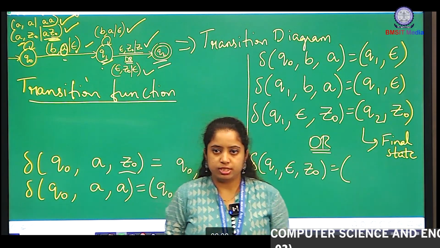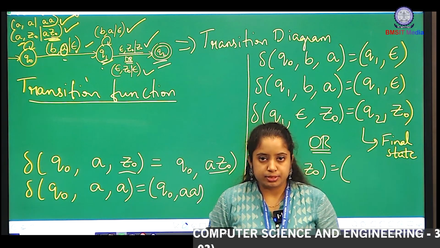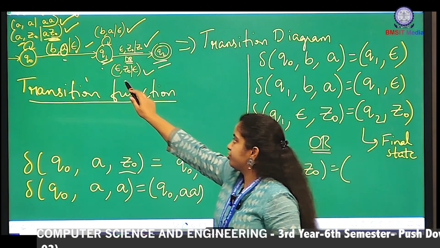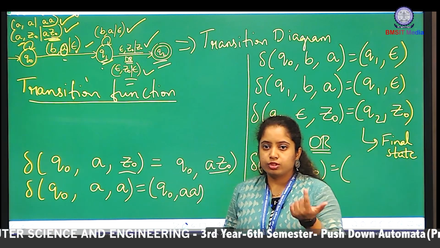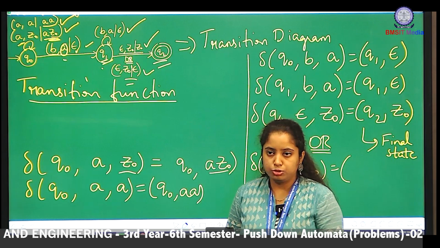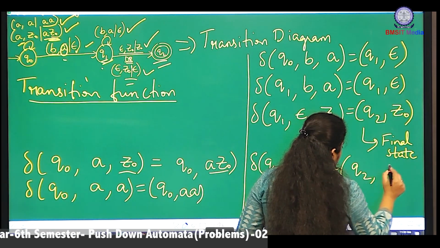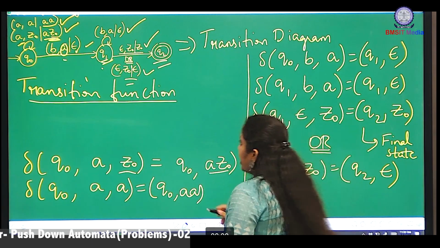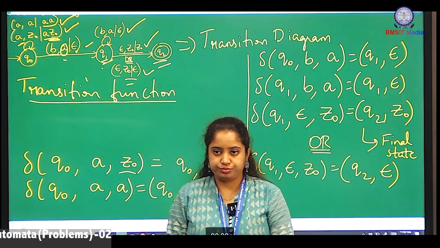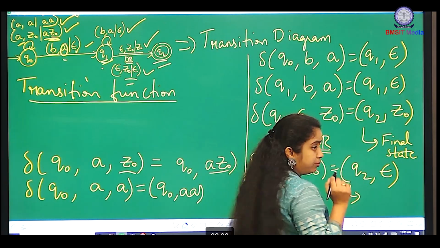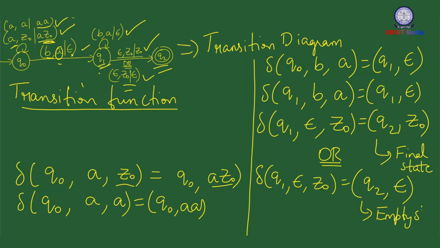If it is mentioned in the question to accept using the empty stack method, do it using this transition function, or else do it using the final state method. You can do it either way. So, Q2 comma epsilon, you are emptying the stack. This is nothing but accepting by empty stack method.